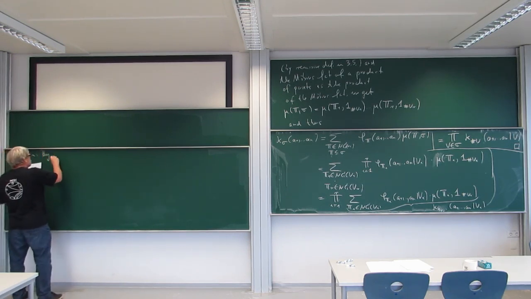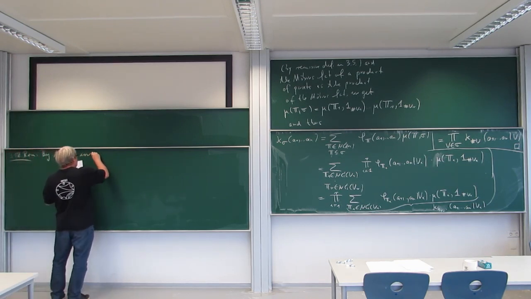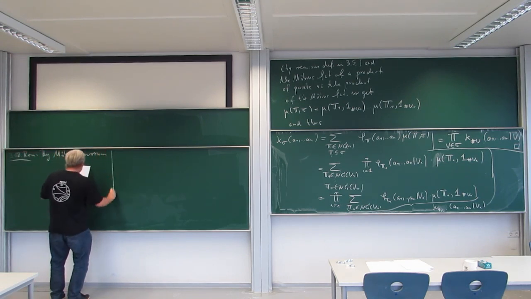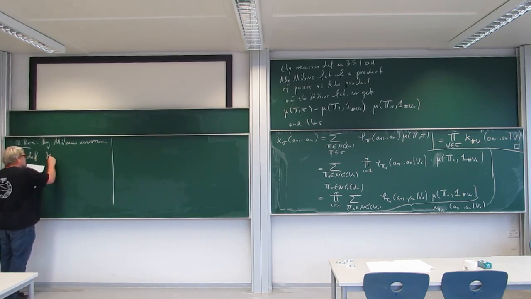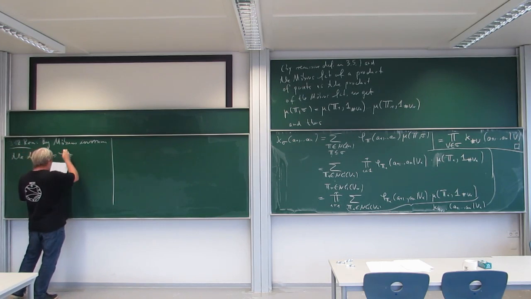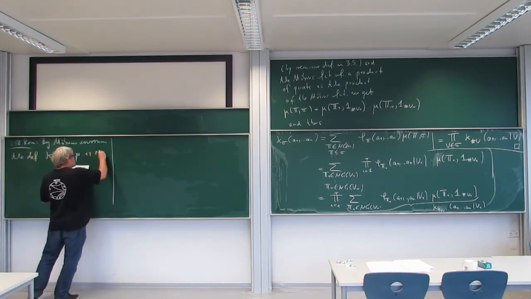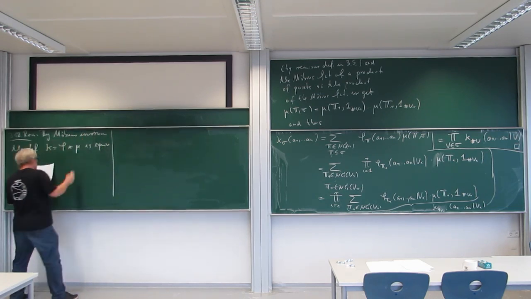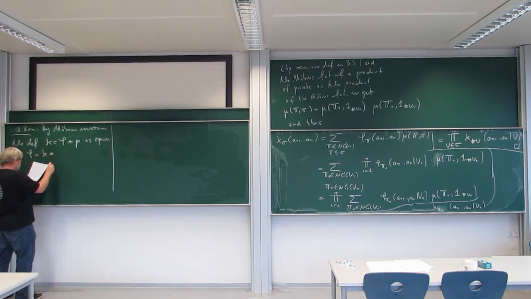Also by Möbius inversion, our definition of the cumulants, cumulants are given by taking the convolution of the moment function with the Möbius function, is of course equivalent to saying that the moment function is given by the cumulants convolved with the zeta function.